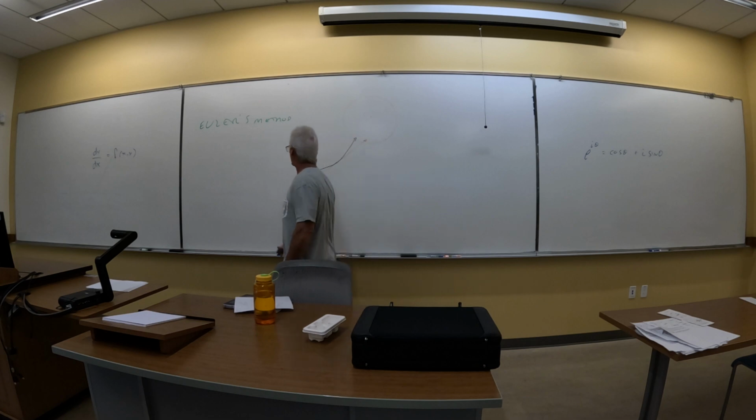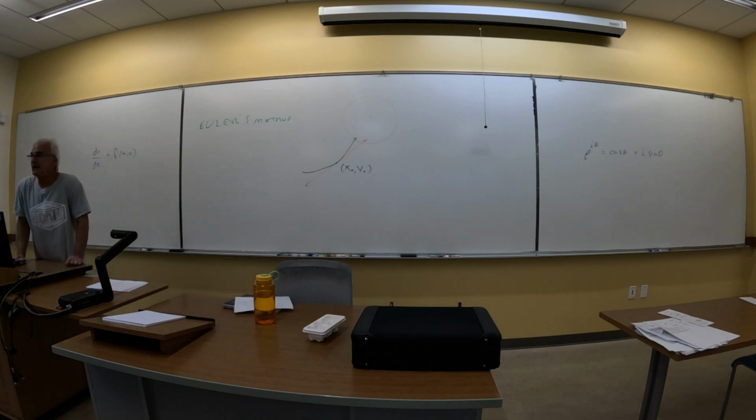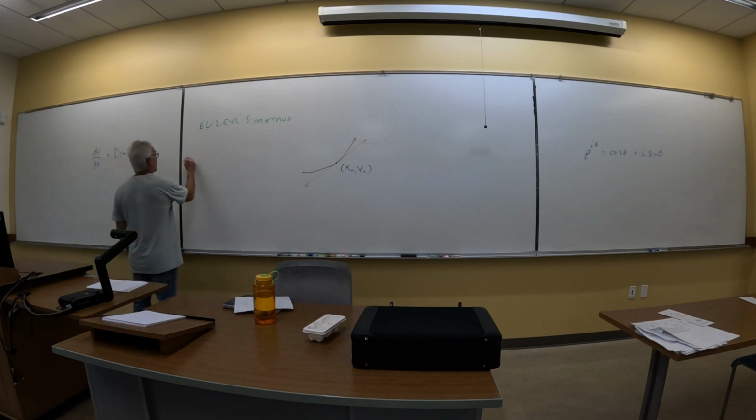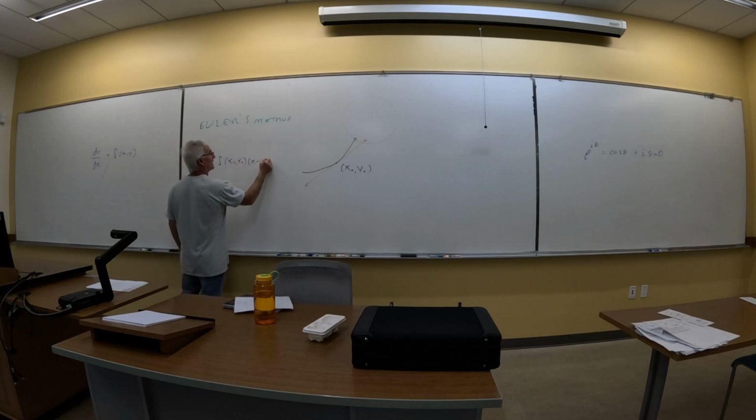So that's my slope. Let's say this point right here, let's call it, well, how about x naught, y naught? That I know, that's given. So I need the equation of the line that passes through that point. So we're just going to use simply point slope formula. So it would be y minus y coordinate equals slope, which in this case would be f of x naught, y naught, times x minus x coordinate.